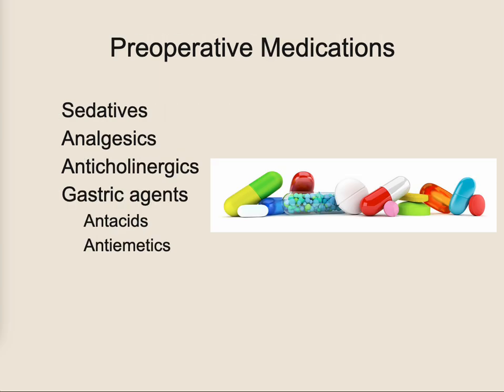Sometimes we give preoperative medications. This helps the patients feel prepared both mentally and physically for surgery. Now, the chapter focuses on 4 main types: sedatives to calm anxiety, analgesics for pain management, anticholinergics to reduce secretions like saliva, and gastric agents to protect the stomach and reduce nausea.